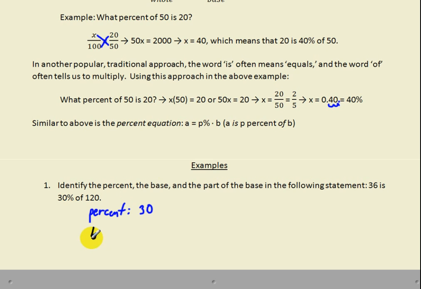The base is what we're taking it out of or comparing to. So of 120 tells us that the base is 120. And then the part of the base is attached to the word is. 36 is. So 36 is the part of the base here.